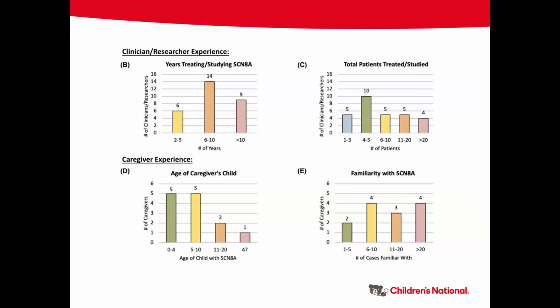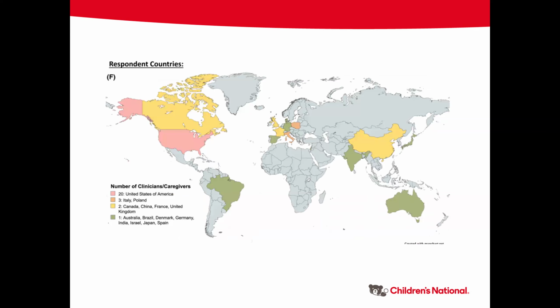The phenotypic questions were only posed to caregivers of kids who had that particular phenotype, but otherwise all questions were posed to all the clinicians. And you can see here number of years of treating SCN8A and number of patients with SCN8A varied between caregivers and the clinicians, and really represented clinicians and caregivers from across the globe.